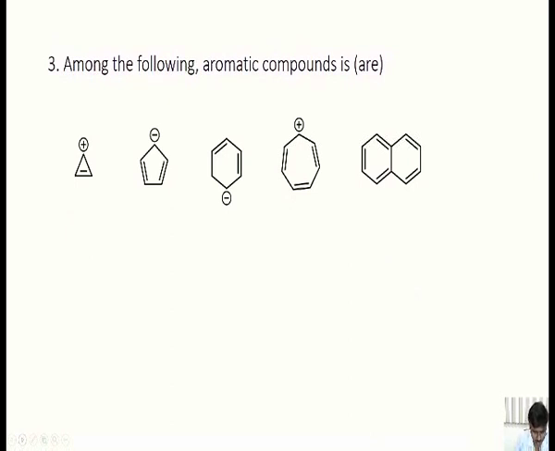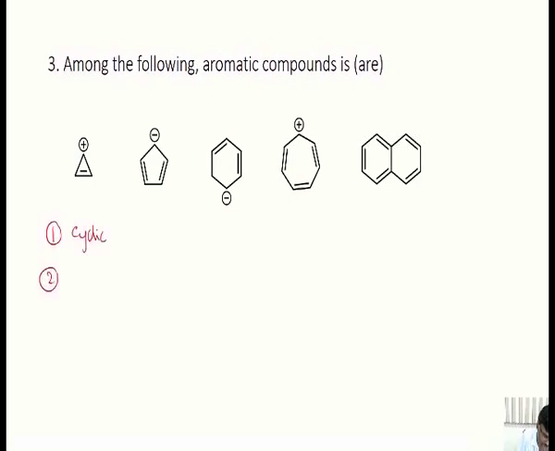The next problem is, among the following compounds, the aromatic compounds is or are. If you look at the features that are needed for a compound to be aromatic, the compound should be cyclic.